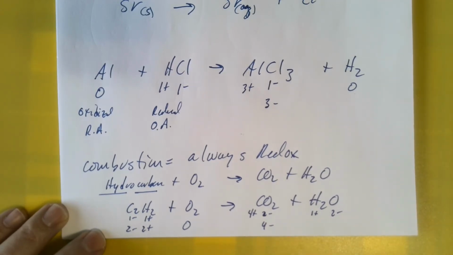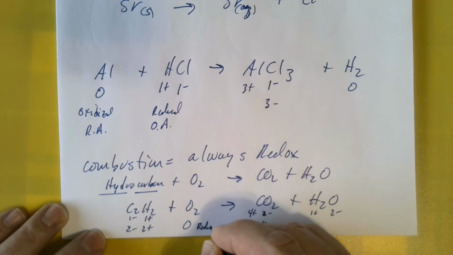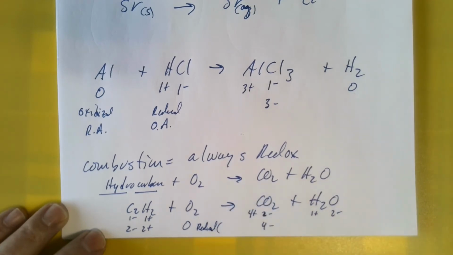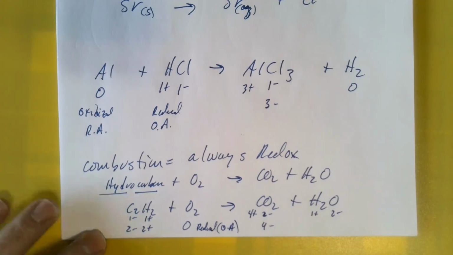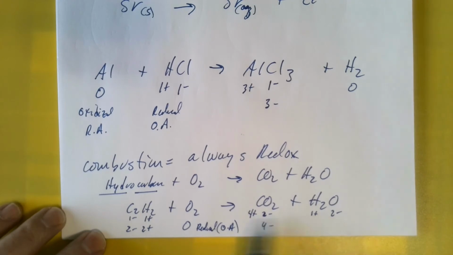What did it do? Did it gain or lose electrons? Gained. It gained, so that must mean it is reduced, which makes it, by default, my oxidizing agent. Now, did my H change signs or change numbers? No, it's a 1 positive and a 1 positive, so H isn't part of this.